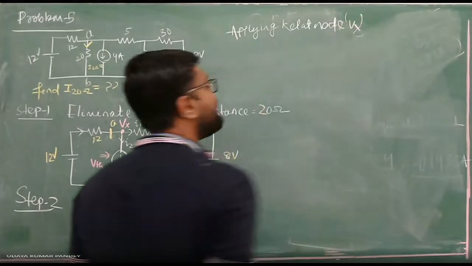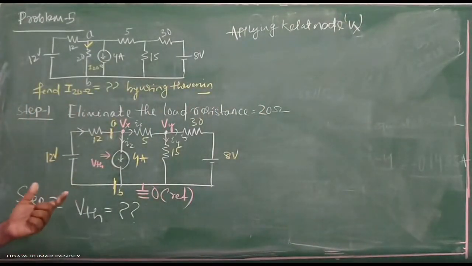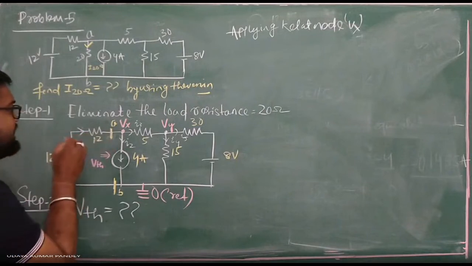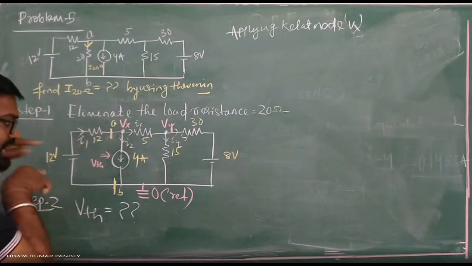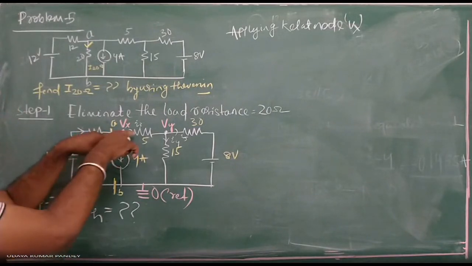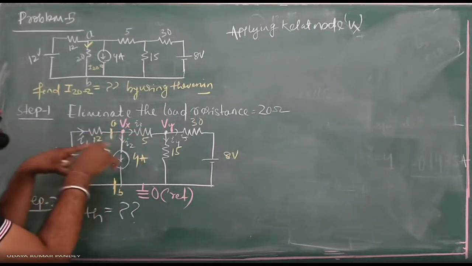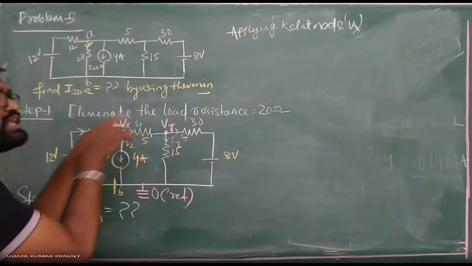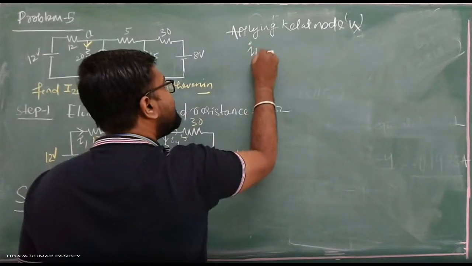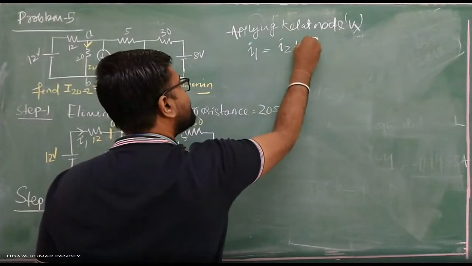At node Vx you have to apply KCL. So here see, this is your I1, the incoming current towards Vx, and definitely two outgoing currents are there. Then I1 is equal to I2 plus I3. You just write down here I1 is equal to I2 plus I3.